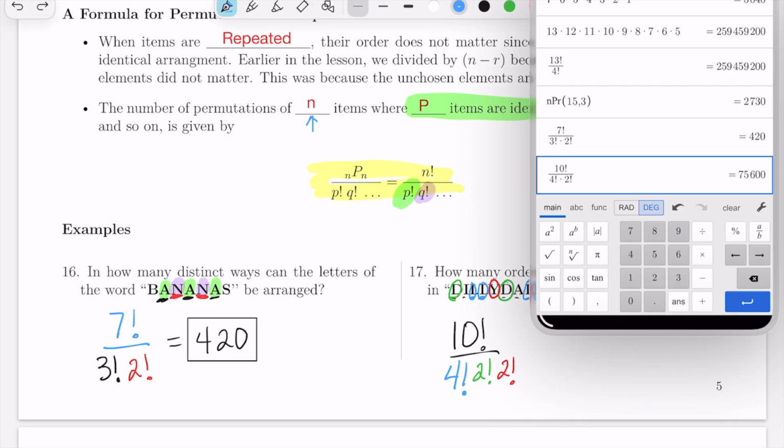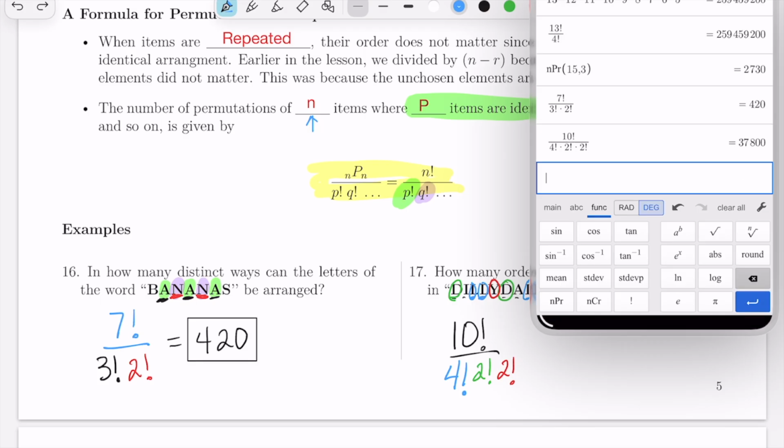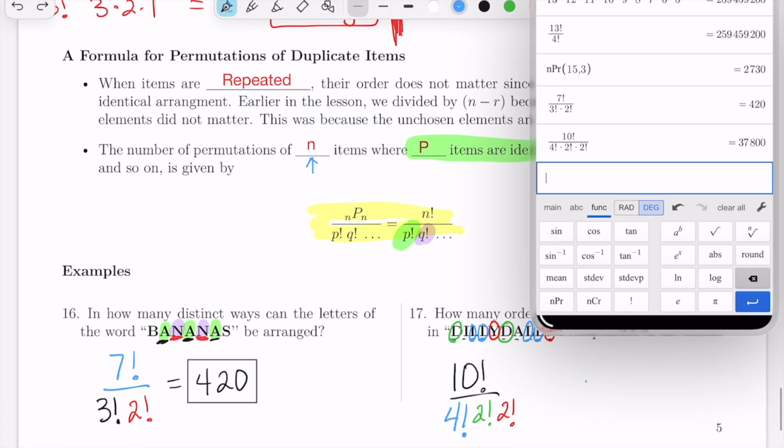But I'll go ahead and write it here anyways in case there's any confusion about it. There we go. That's 37,800, hopefully. Assuming that I typed it in right. And if I didn't, I'm sure you'll let me know.